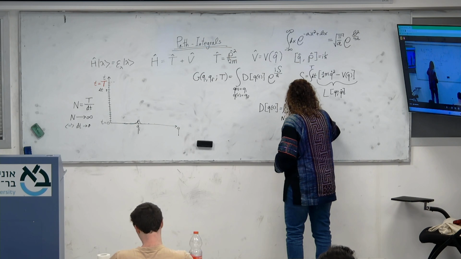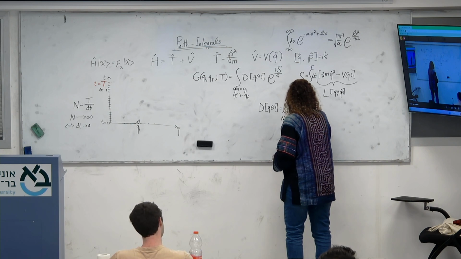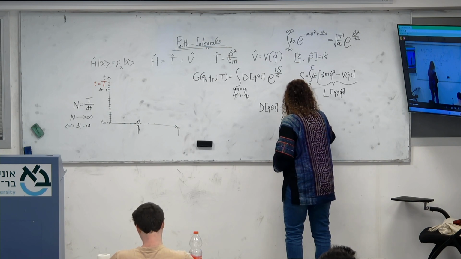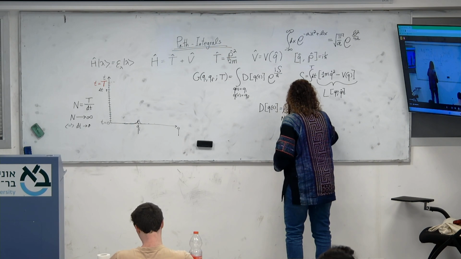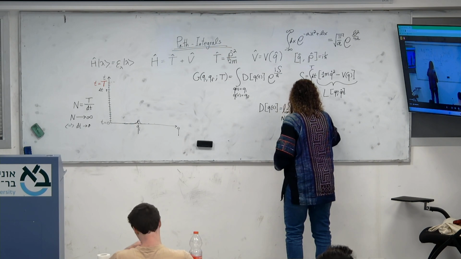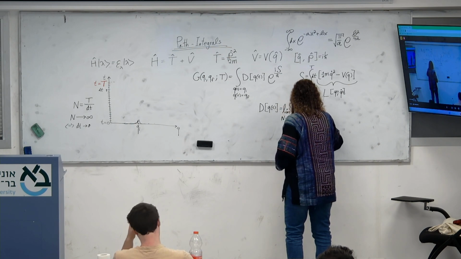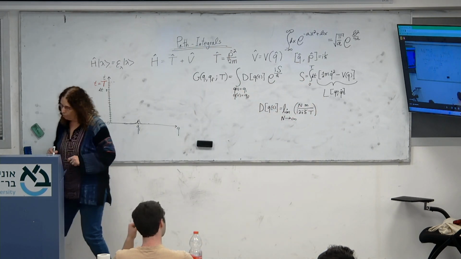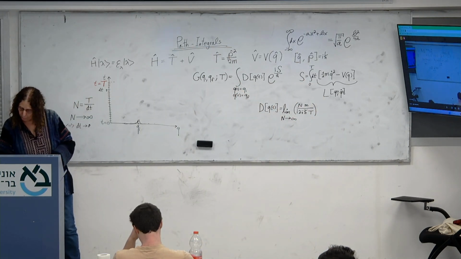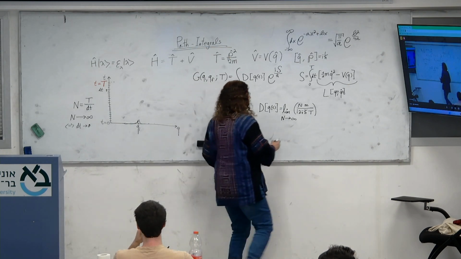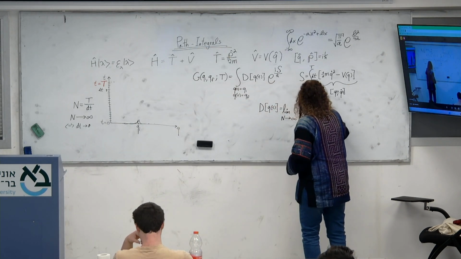It's N times m over i 2 pi h bar capital T, I hope I don't miss anything here, to the power N over 2.